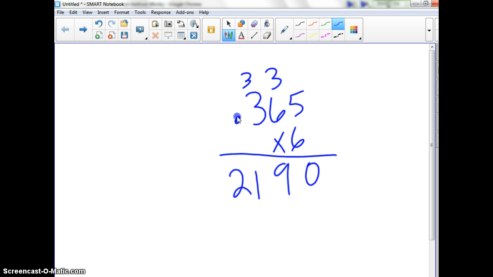Where should the decimal go? Between what two numbers? That's right. Frog. 6 times 6 is 36, plus 3 more is 39. So the 3 goes here and the 9 goes here. So you are off by 3 there. 2.190. Okay, moving on.